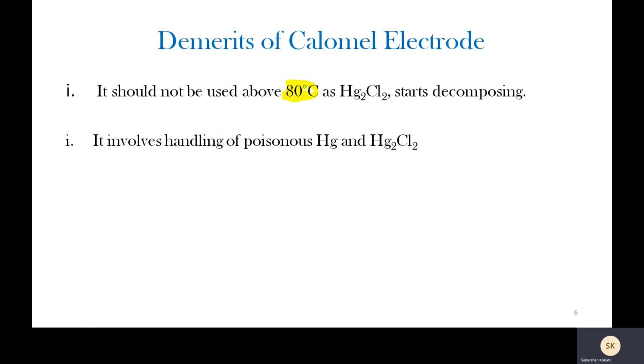The second disadvantage is that it involves handling of poisonous mercury and mercurous chloride.